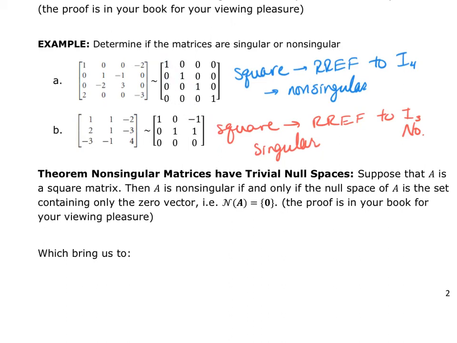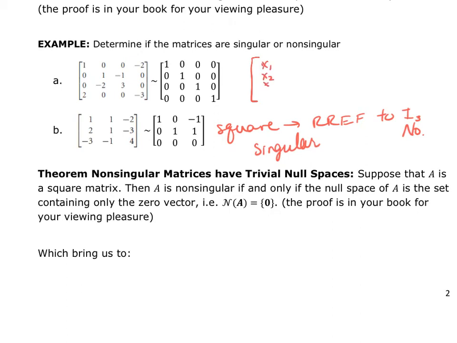So my solution set for A would have been x sub 1, x sub 2, x sub 3, x sub 4 is equal to 0, 0, 0, and 0.